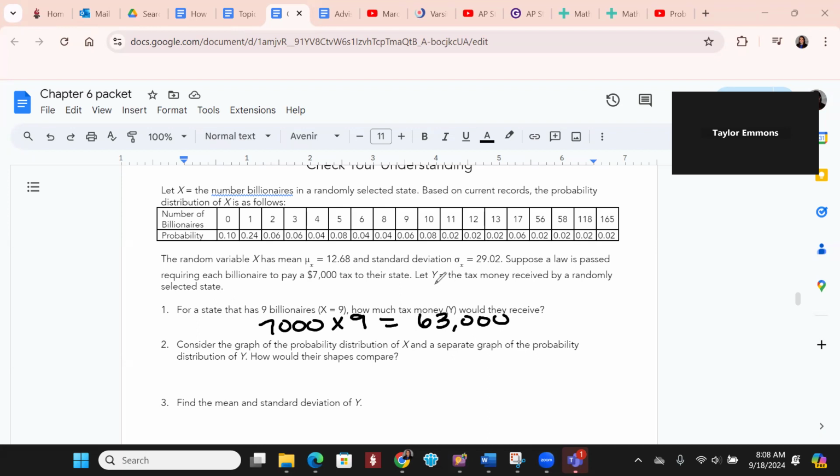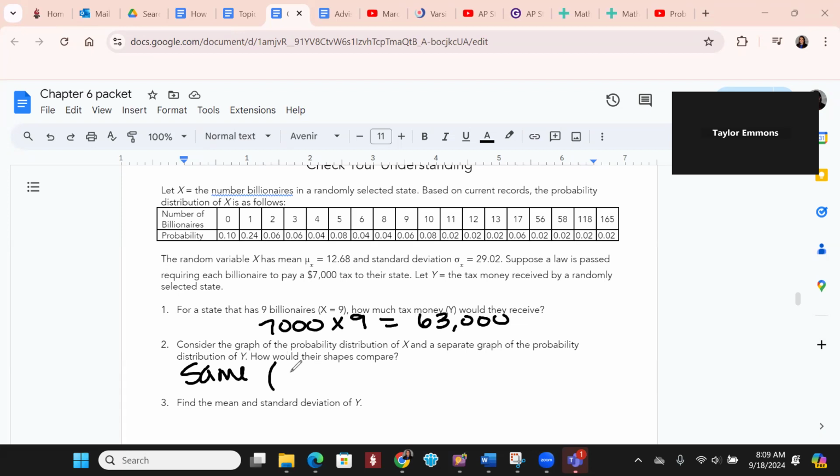Okay. Consider the graph of the probability distribution of X and a separate graph of the probability distribution of Y. How would their shapes compare? The shape would be the same, but the center and standard deviation would vary by a factor of 7,000.